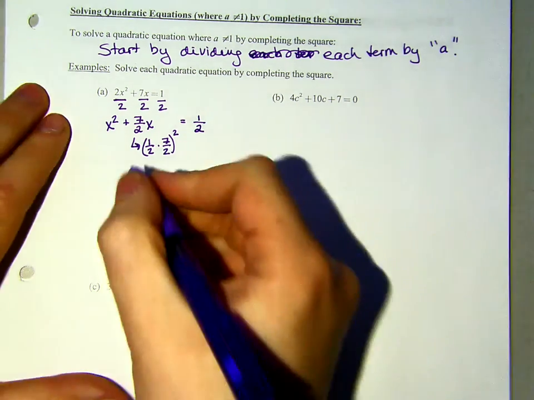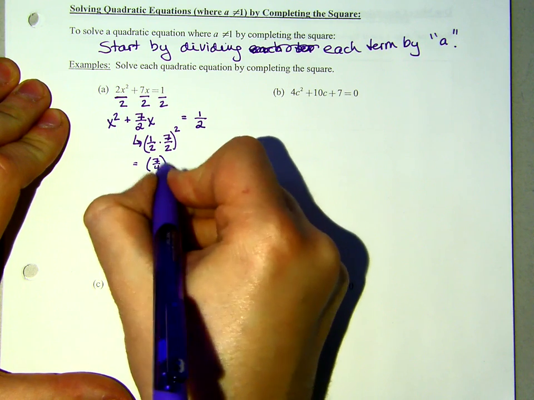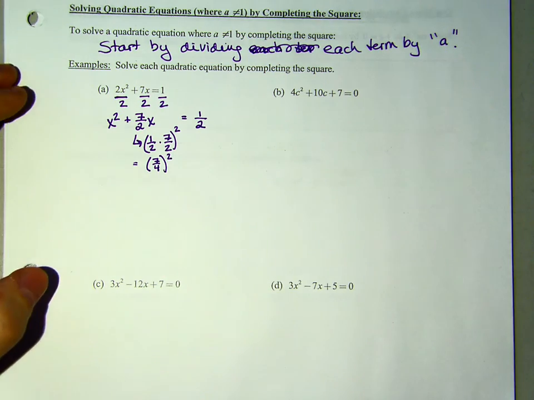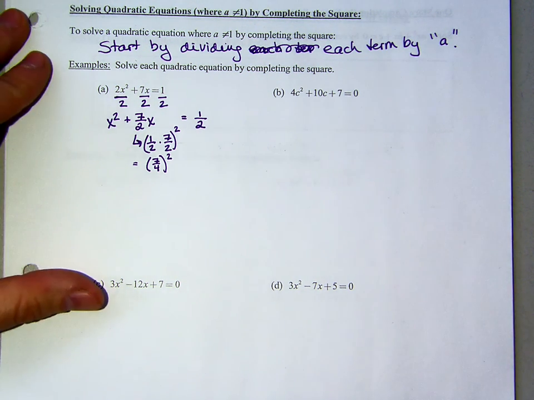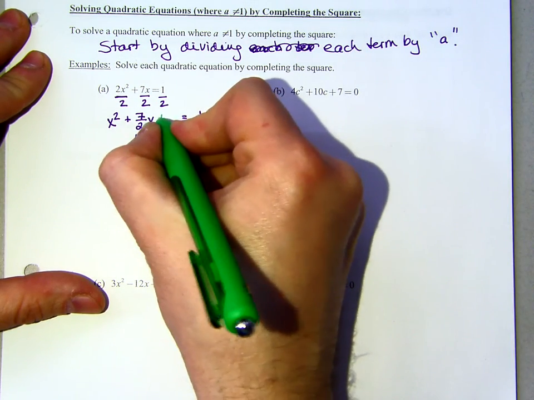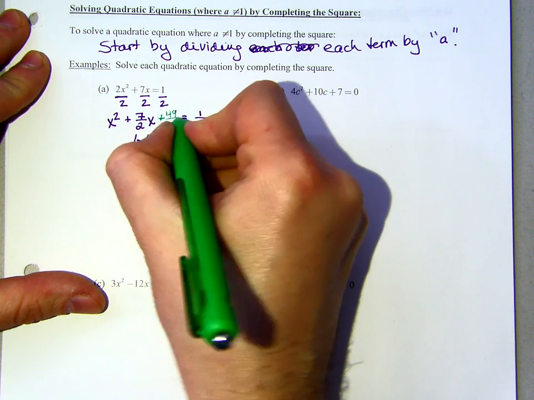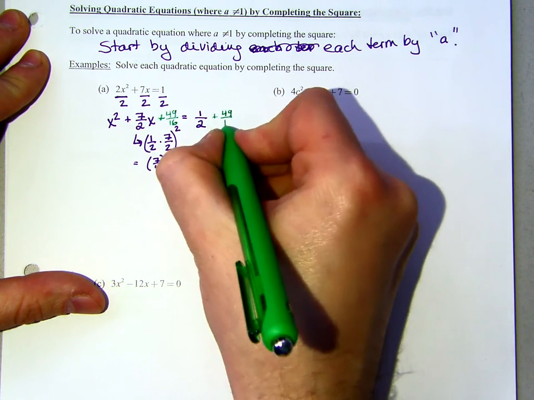So, hold on one second. This is going to give me 7/4, which I need to square. You square a fraction by squaring the top and squaring the bottom. What is 7/4 squared? 49 over 16. That's the piece I'm going to have to add to both sides. I'm going to add 49/16 on the left. I'm going to add 49/16 on the right.